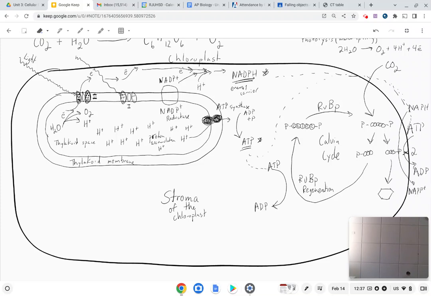So squeeze that in there. That's also occurring in this step. When the carbon compound is turned into a sugar, we consume ATP. We also consume NADPH, which becomes NADP plus.